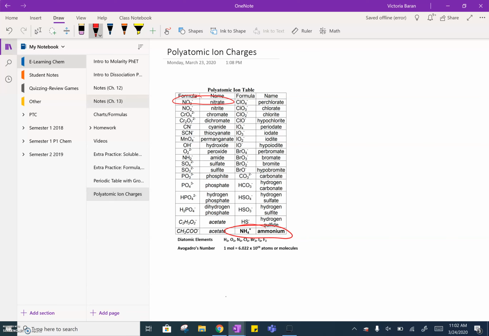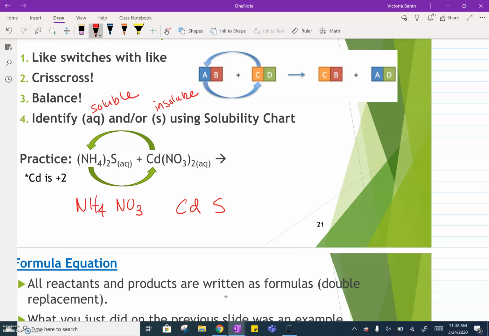So I'm going to go back here. So this is +1. Here, we'll do that in a different color, just so we can see it. So this is +1 and this is -1. Now, if I do the crisscross for that, again, the crisscross is just a way to more quickly figure out what the right way is to write your new compound.